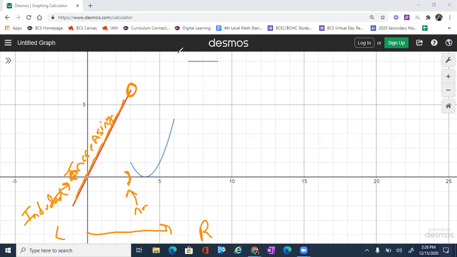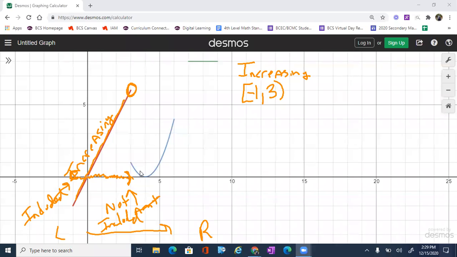That means not included. And so I know that it is increasing from -1 all the way to the value of 3. And it is close parentheses because we traced it and found it was not included.